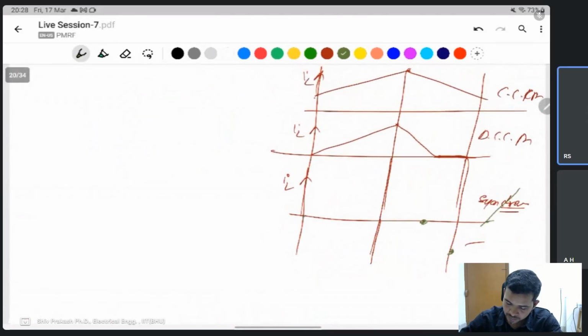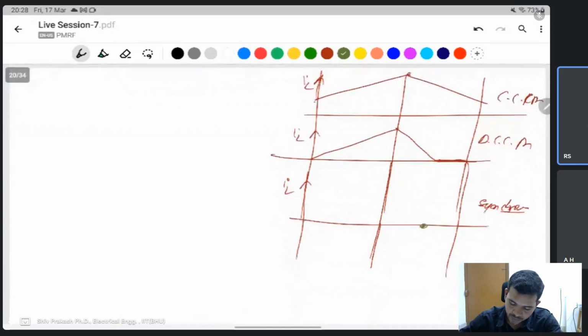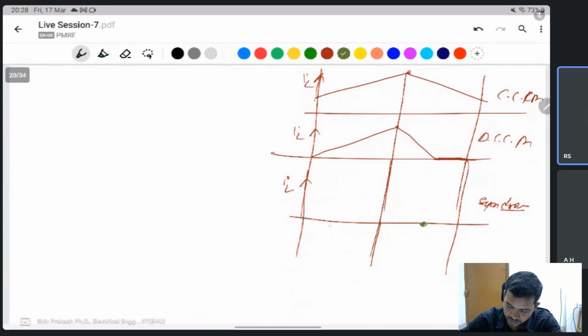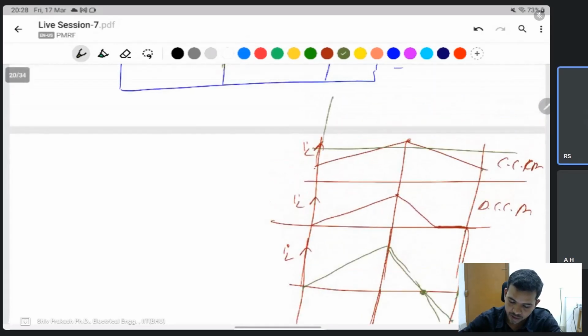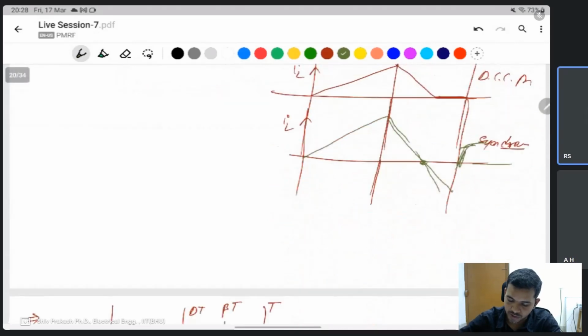So how is the current fed back to the source when we have a switch instead of a diode? Yeah, in the starting condition, this one flows like that. But in steady state, after the switch is on here, again this one is on. We take a switching cycle. This one on, after that off, second switching cycle on.